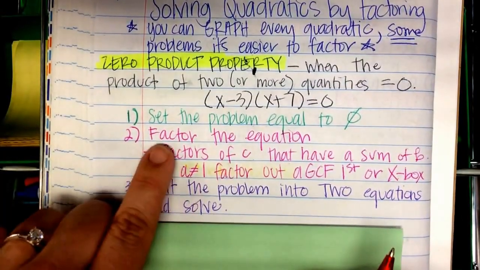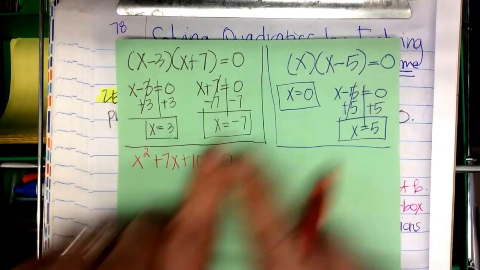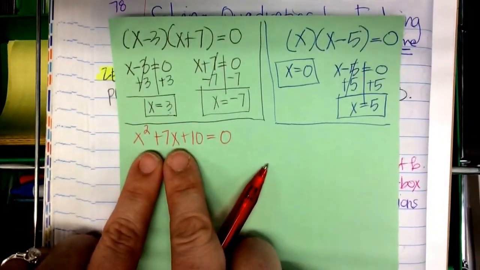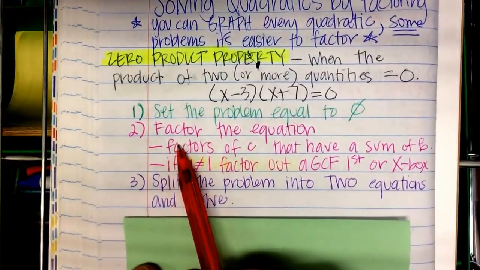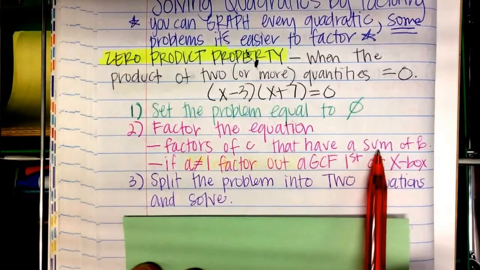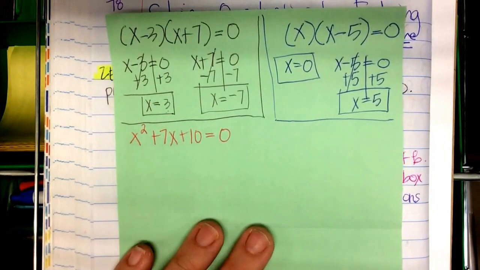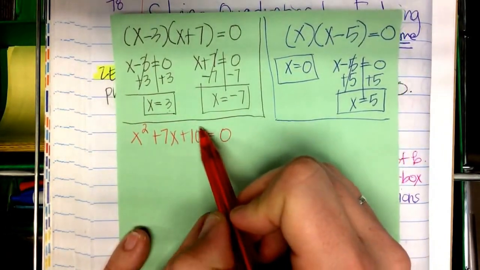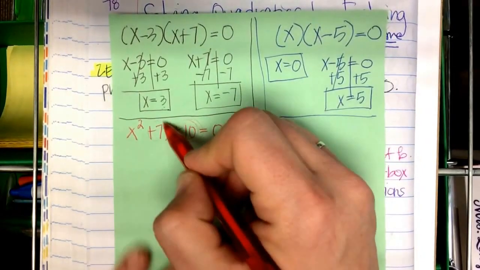Step number 2, factor the equation. Is it factored? No. So we have to find factors of C that have a sum of B. What's the C value? 10. What's the B value? 7.